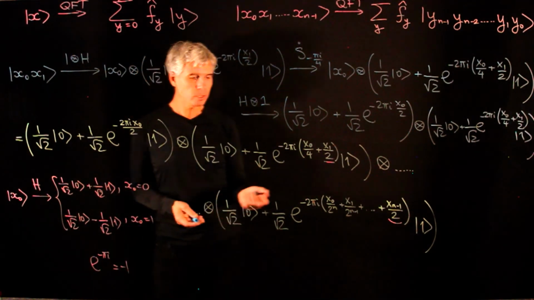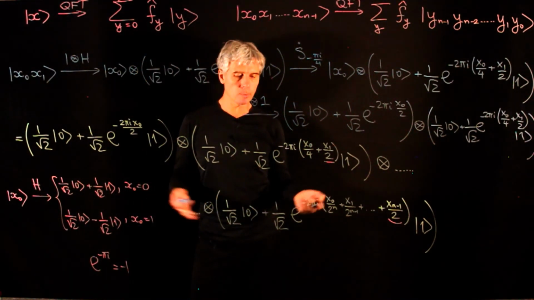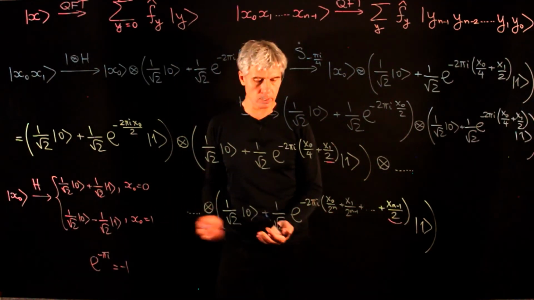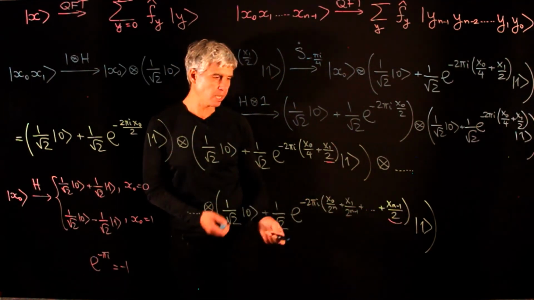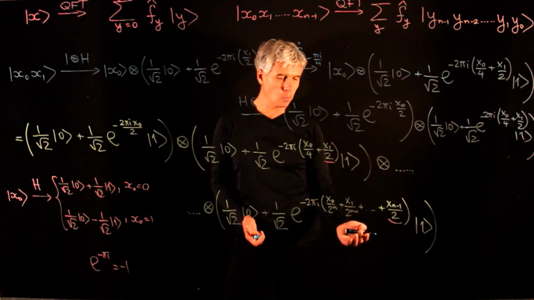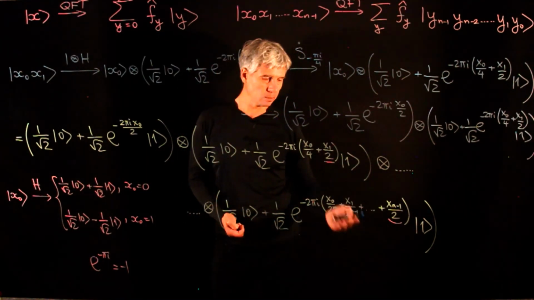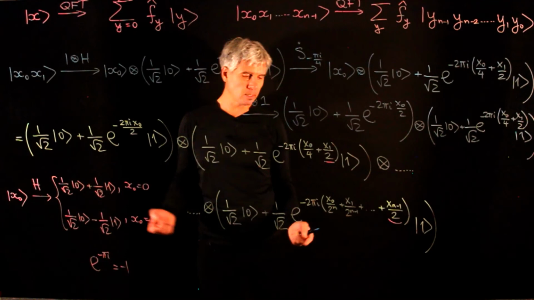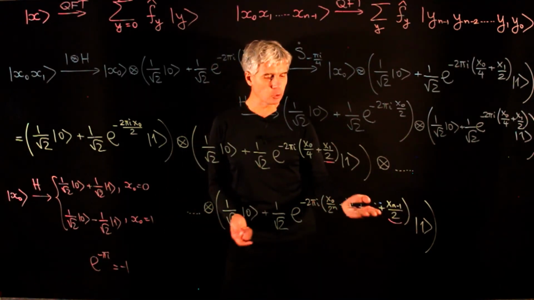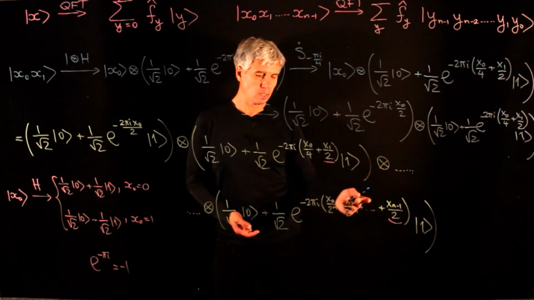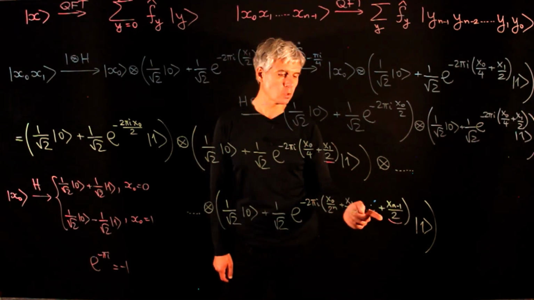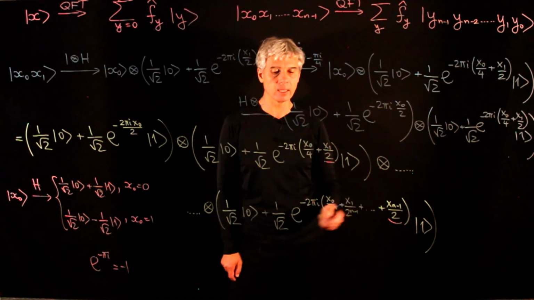And now it's not too difficult to see the general pattern. So basically, we're going to work backwards. First, we apply the Hadamard transform on the last qubit, the rightmost, and this will implement this contribution here. Then after this, we apply controlled shifts to the last bit that are controlled by x0, x1, and so on, each with appropriate angle.